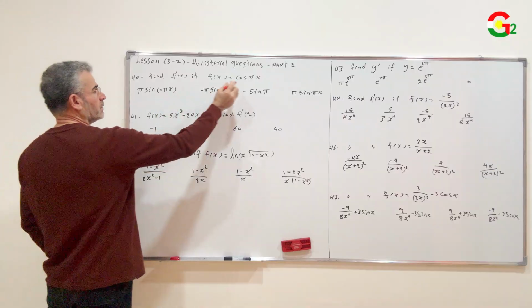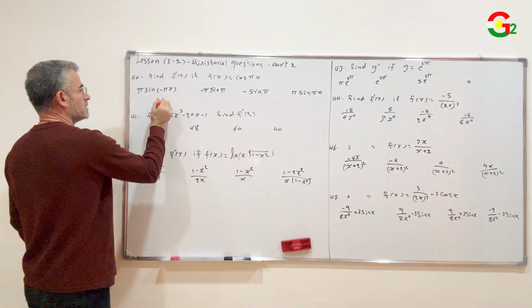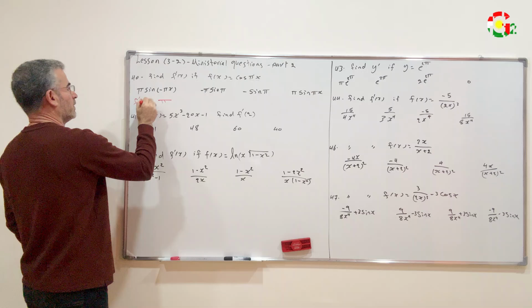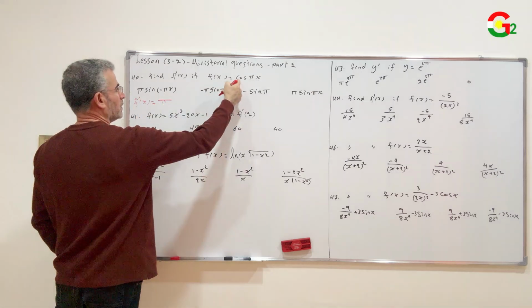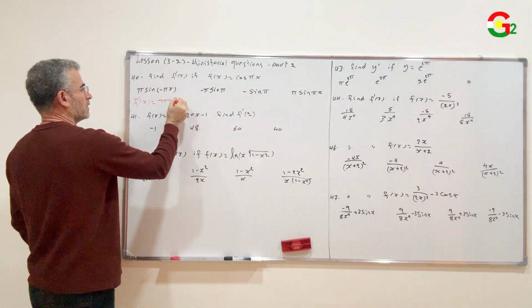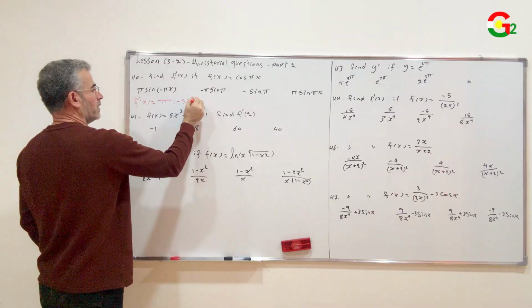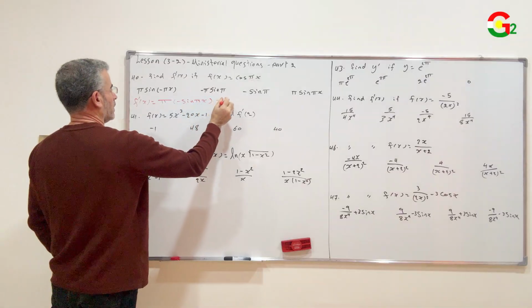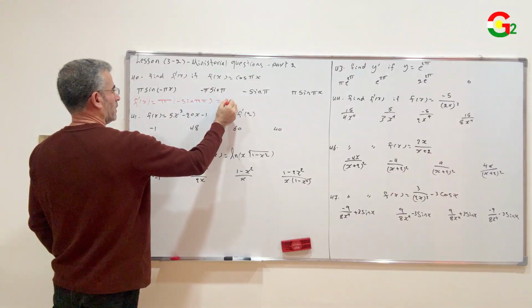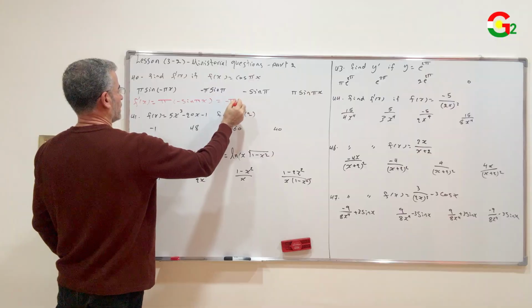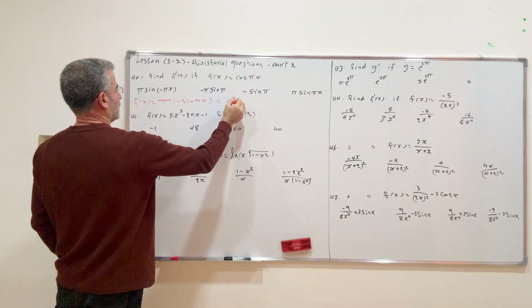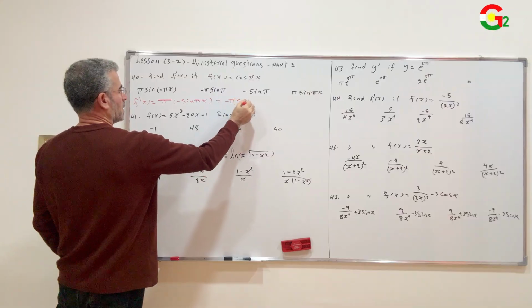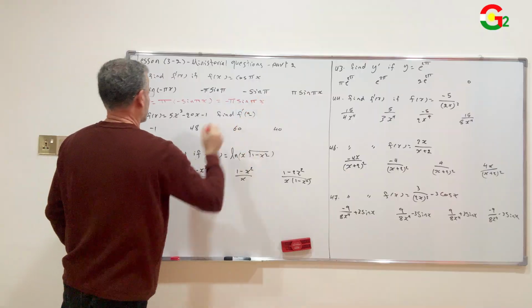The derivative of the angle is pi. f prime of x equals the derivative of the cosine, which is negative sine pi x, then the final result is negative pi sine pi x.